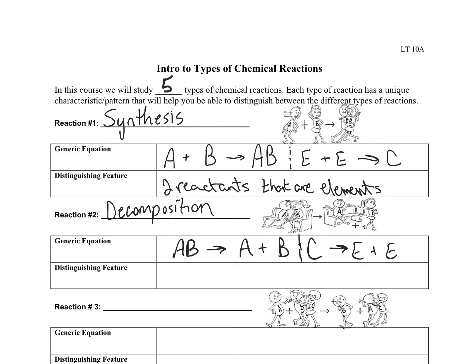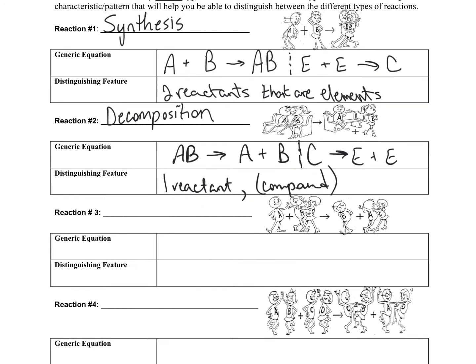The distinguishing feature here is very easy. You only have a single reactant. It will always be a single compound. If you have just a single reactant, you know that it's going to be a decomposition reaction, and that reactant will decompose into its elemental pieces.